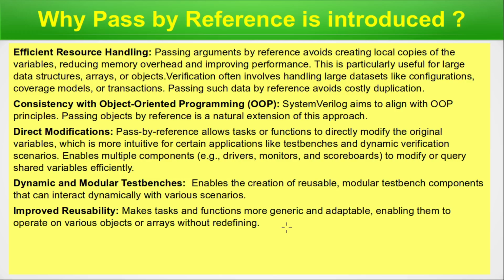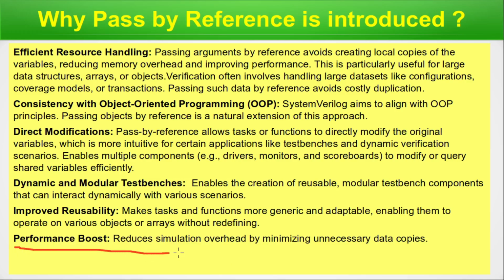So we reduce the entire coding, we reduce the entire memory usage, and we speed things up. Hence reusability becomes more relevant. Performance boost: it reduces simulation overhead by minimizing unnecessary data copies, and hence less use of RAM of the computer in which the verification is running, and it runs faster.